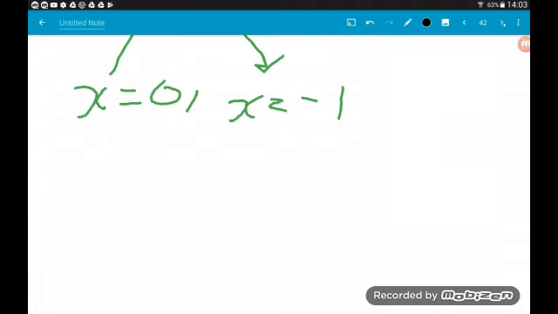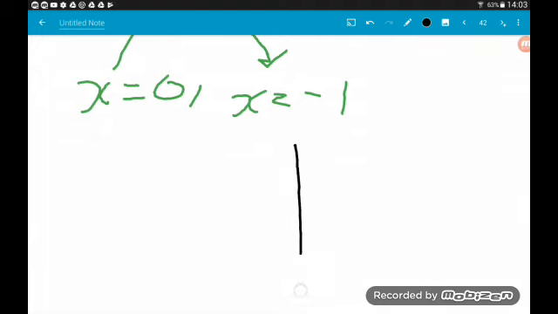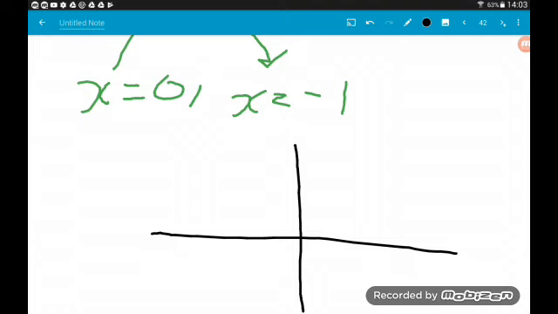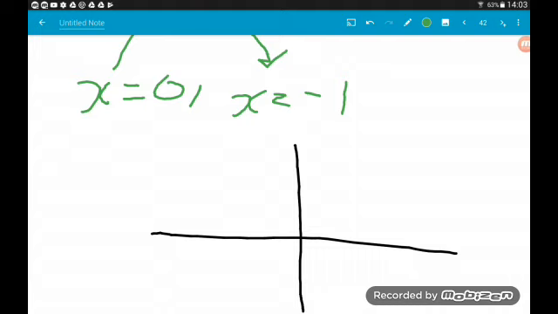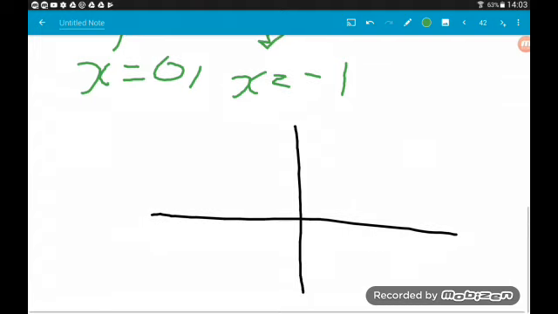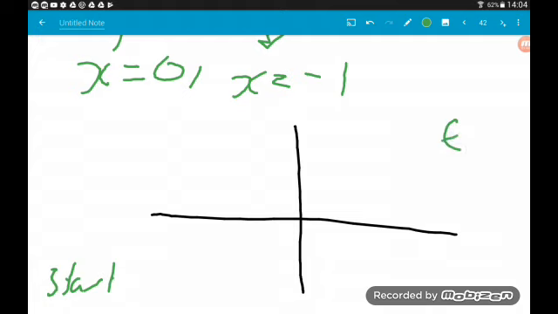So, it's going to start down on the bottom left, and it's going to end, because it's a positive x cubed, over here in the top right. Now, how can it go from the bottom left to the top right, but hit the x-axis twice?